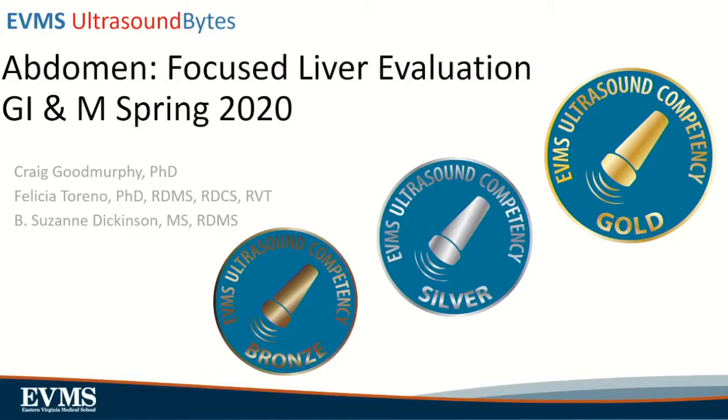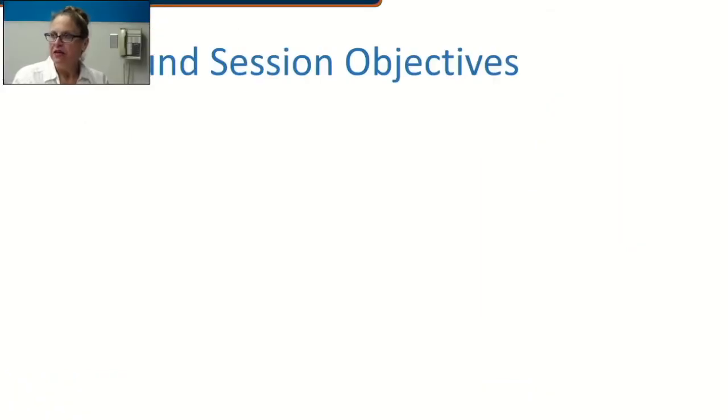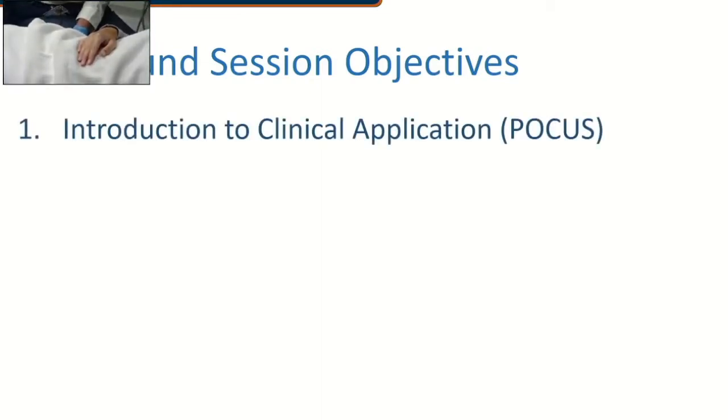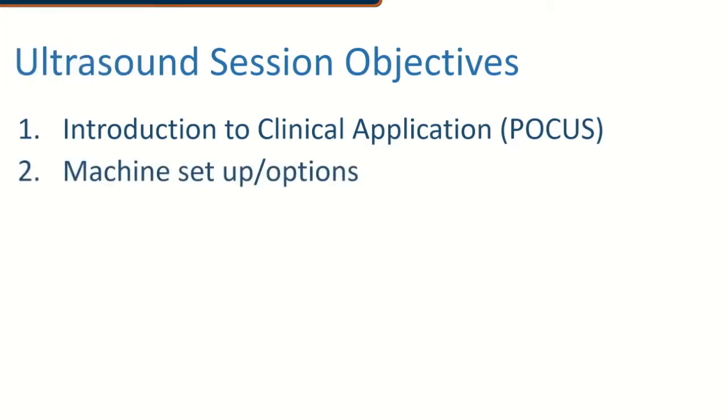And today we're going to talk about a focused liver assessment exam. For our focused liver assessment, we're going to try and meet the following objectives. First of all, we're going to consider this part of a point of care ultrasound exam. We're going to talk about machine setup.